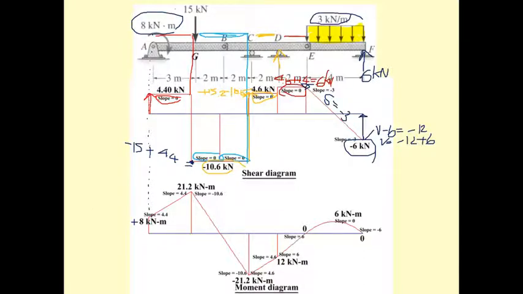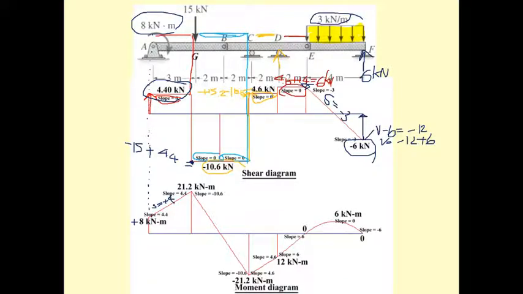And then when you draw the moment diagram, you have to look at your shear diagram. This shear diagram has a shear force of 4.4, so the slope here is equal to plus 4.4.